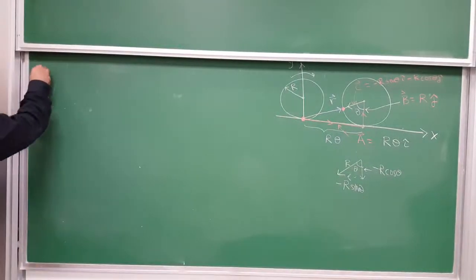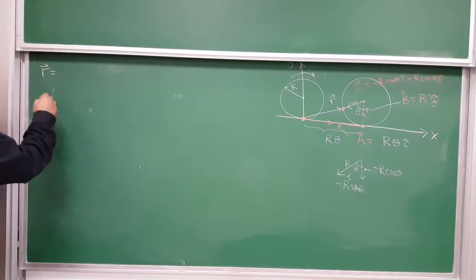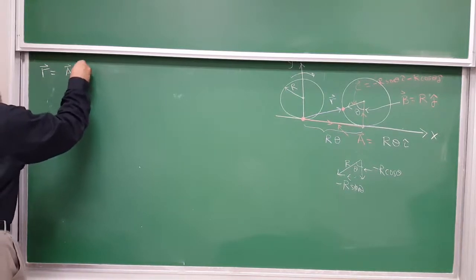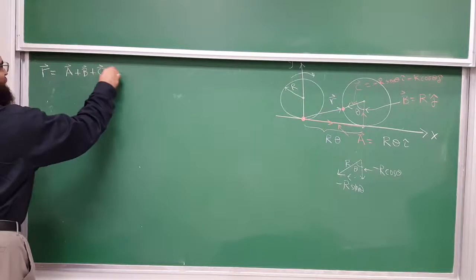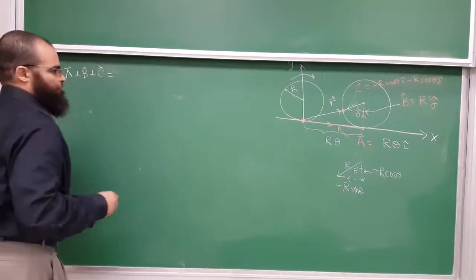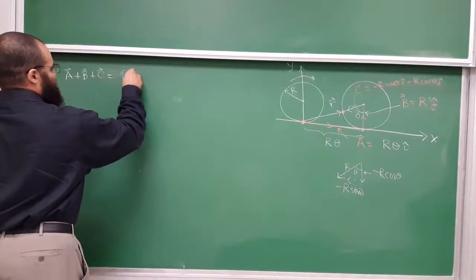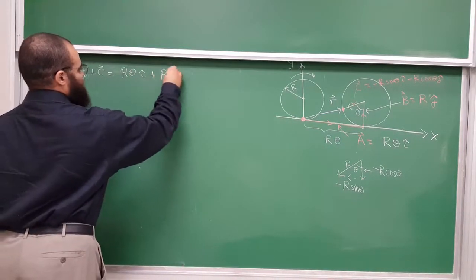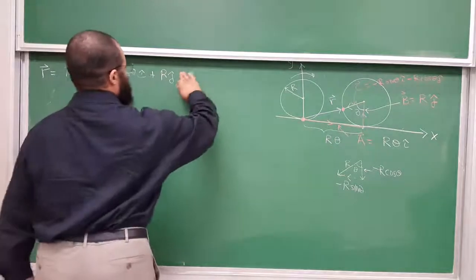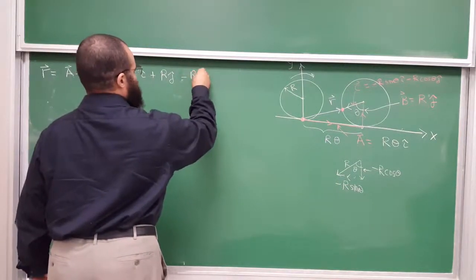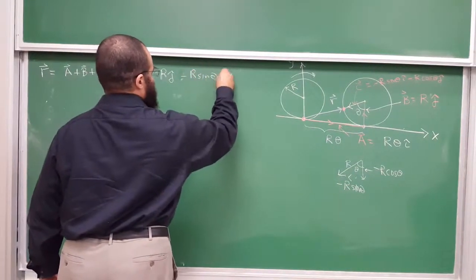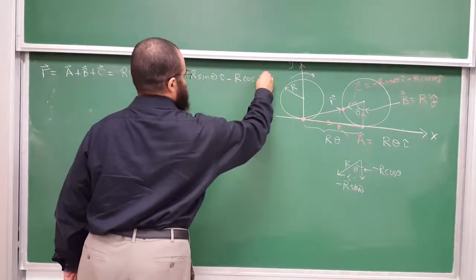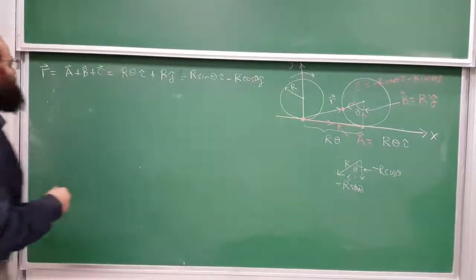So the vector r is equal to vector A plus vector B plus vector C. Vector A is R theta i hat, plus vector B, that's R j hat, plus vector C, which is negative R sine theta i hat, negative R cosine theta j hat.